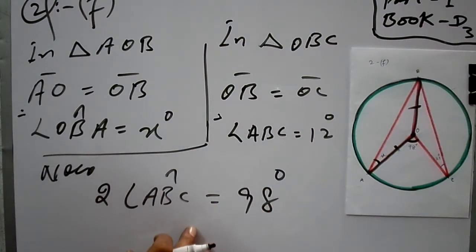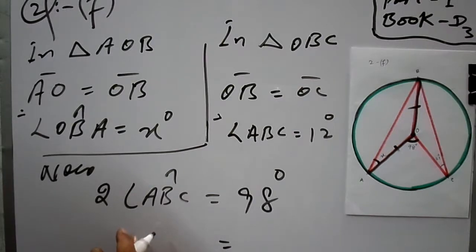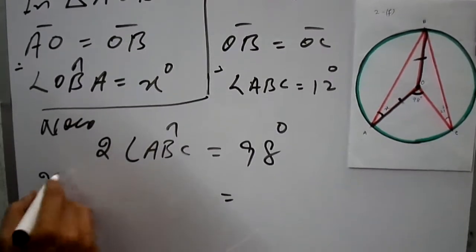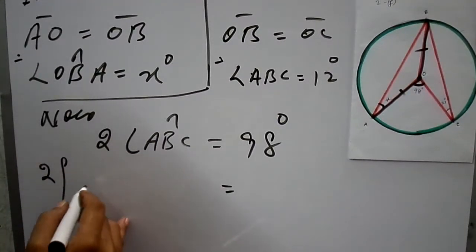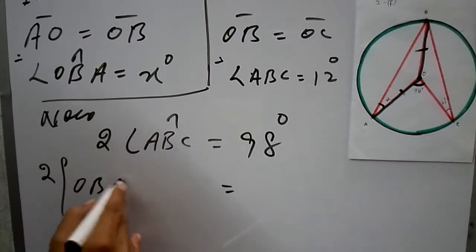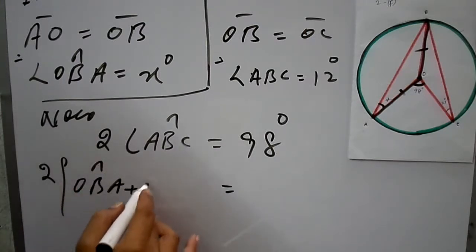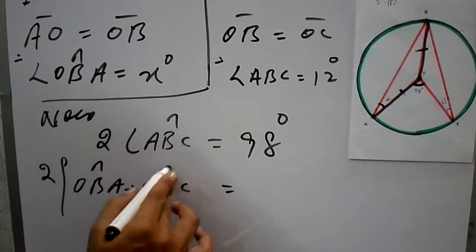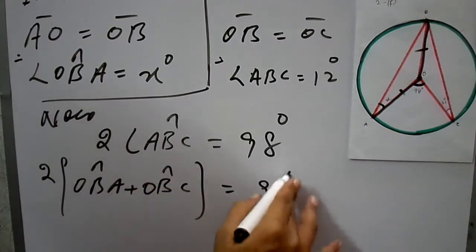So multiply by 2, and this will be equal to 2 into ABC, meaning angle OBA plus angle OBC, that is equal to 98.